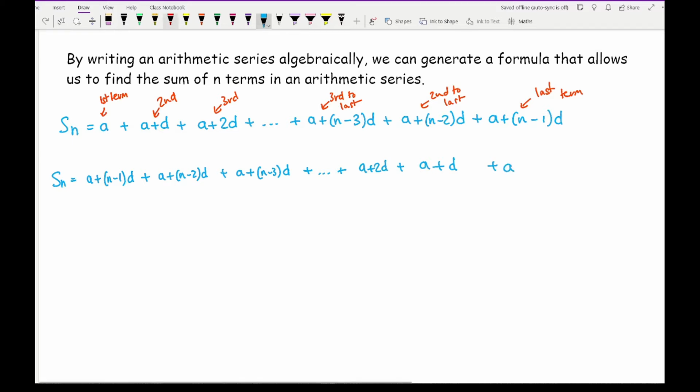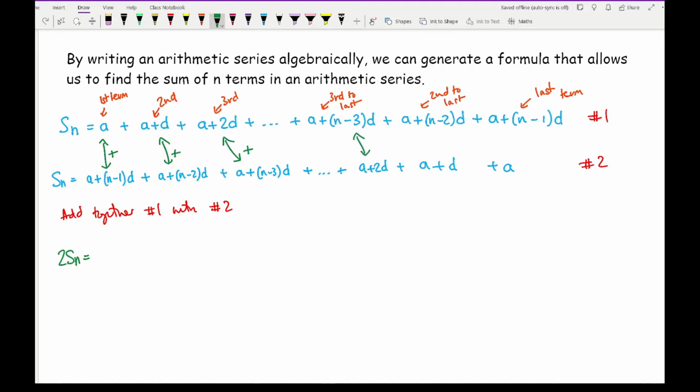Now if I label these as hashtag 1 and hashtag 2, and I add together hashtag 1 with hashtag 2, what do I end up with? Well, I end up with 2Sn equals, and I add together these two things here, those, those, those, those, and those.